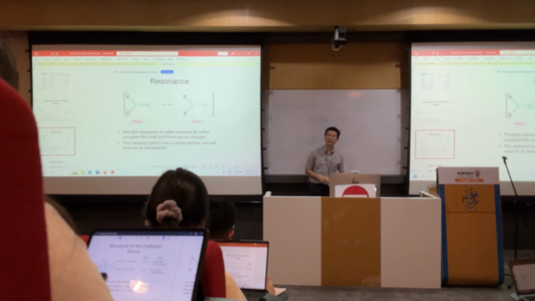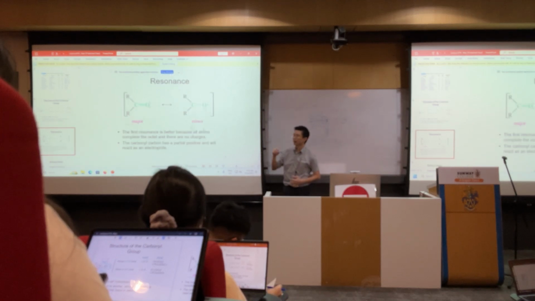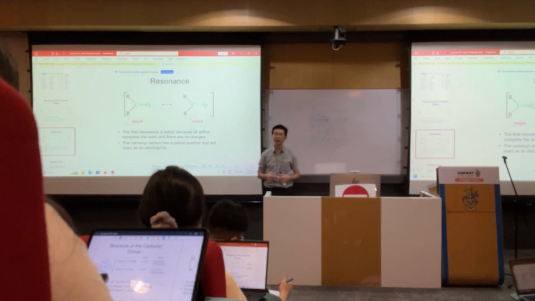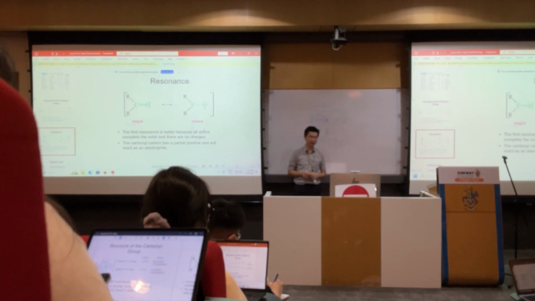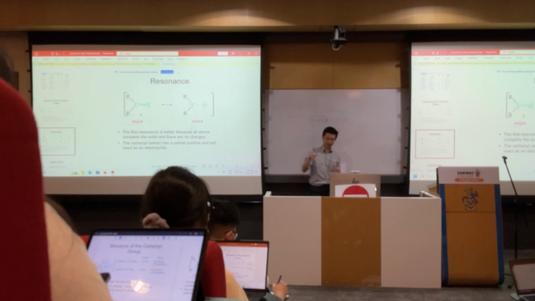So in terms of resonance, the electron can jump over to the electronegative oxygen, giving it a negative charge, while the carbon will have a positive charge. Okay. But apparently the C double bond O is relatively more stable than the charged species, because in the C double bond O, all the atoms fulfill the octet rule.